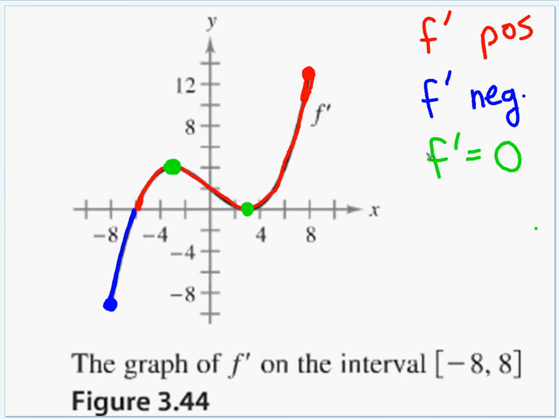I also put some points where the first derivative is exactly equal to 0. So here at, what would that be, negative 6. This here would be negative 3. And this looks like at positive 3, we have where that would equal 0. So when we determine our intervals, these are going to be our key points: negative 6, negative 3, positive 3.